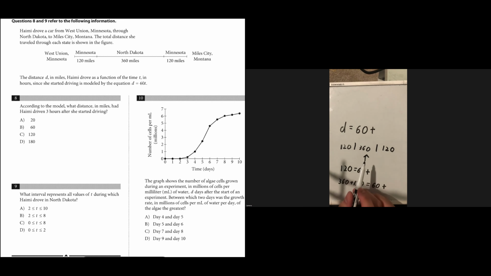And so according to the top, she drove in North Dakota for these 360 miles. And so before then, she was in Minnesota here. And after that, she was still in Minnesota.